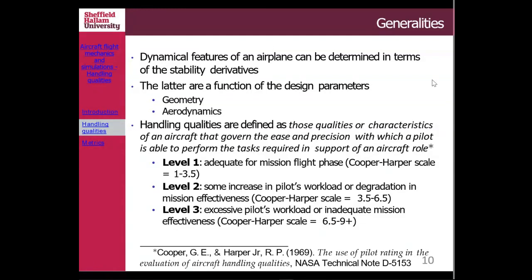I think you know that already when we talk about the design using the 8785C document. We have 3 levels, level 1 being the best one, level 2 is kind of the medium rating, and level 3 is obviously, let's say, the worst one, because that requires, as it says here, excessive pilot workload.